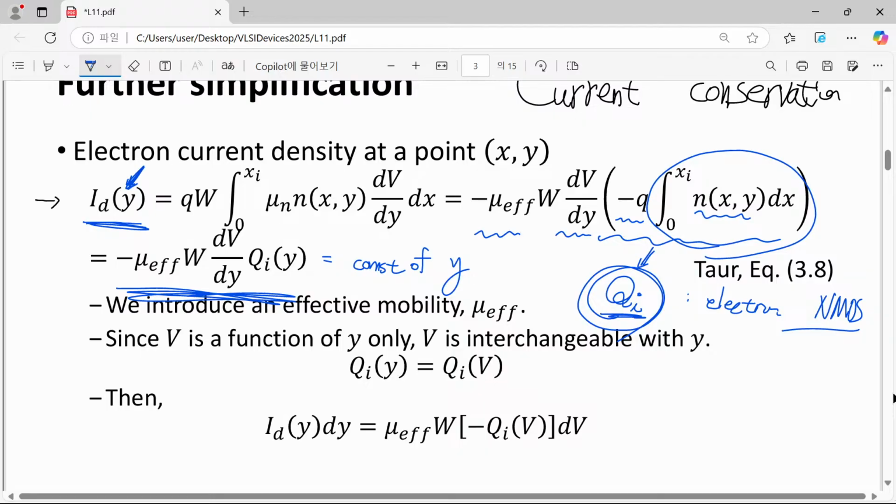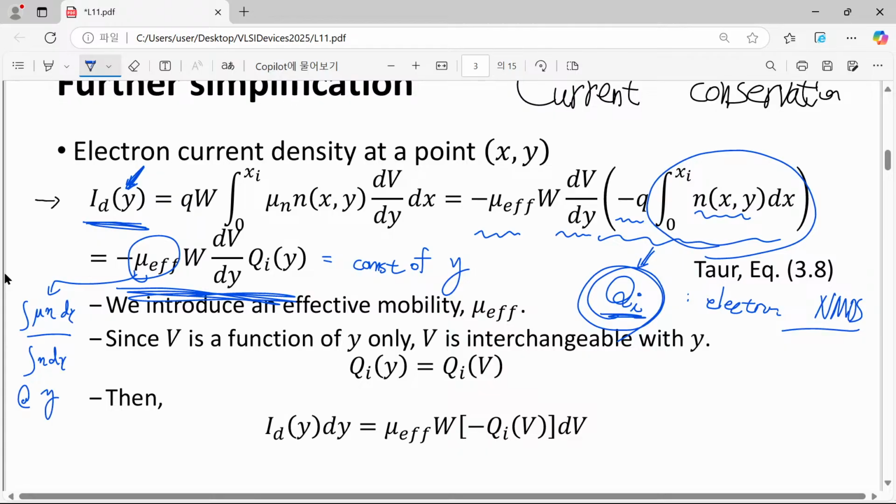Well, up to now everything looks perfect, but there is a hidden point. When I introduced mu effective, what was the trick? So mu effective was defined as mobility times electron density divided by electron density integration. However, that integration is evaluated at a given y value.